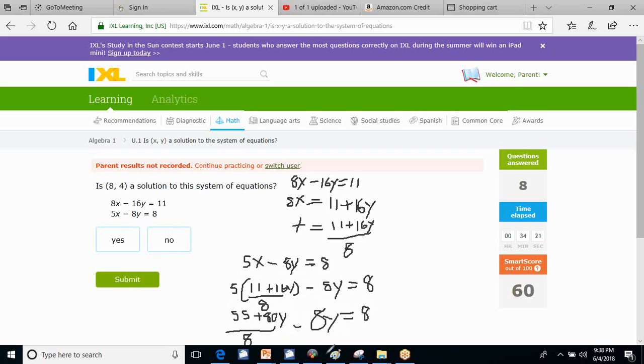Okay? All right. So you have to simplify this still. To simplify it, you have to multiply everything by 8. Because if you multiply this by 8, then it becomes 55 plus 80y.